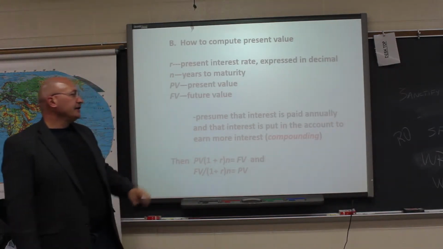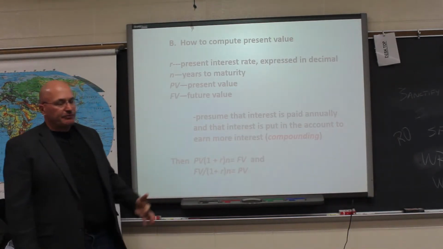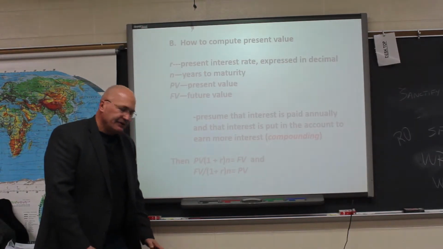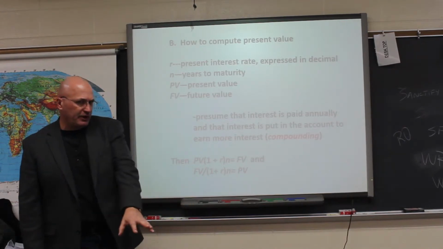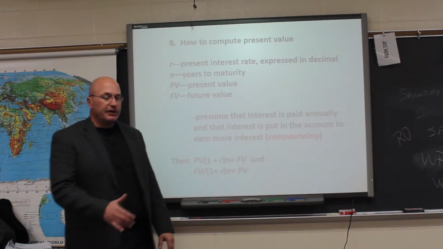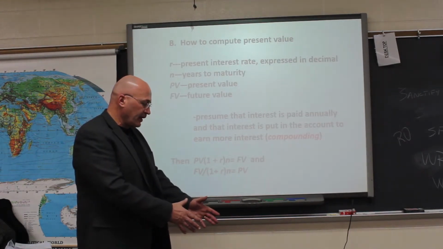Okay? And we're going to anticipate compounding, because from year to year, if I put $10 in the bank today, is that going to be $10 next year? No, it's going to be $10 plus whatever interest rate it earned over that time period. So then in year 2, I'm not calculating based on $10.